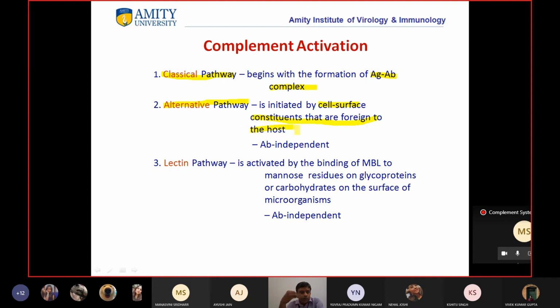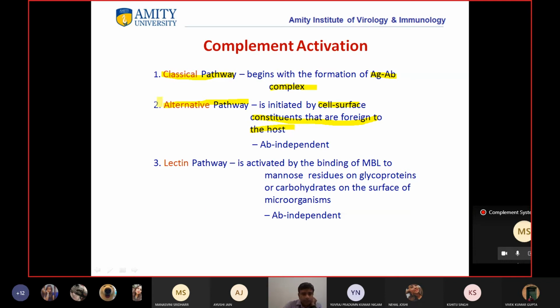Okay, so our immune system can sense that on this particular cell surface, the constituents are foreign to the host, right? So when it senses that the cell surface is different from what the host has, the alternative pathway is initiated.